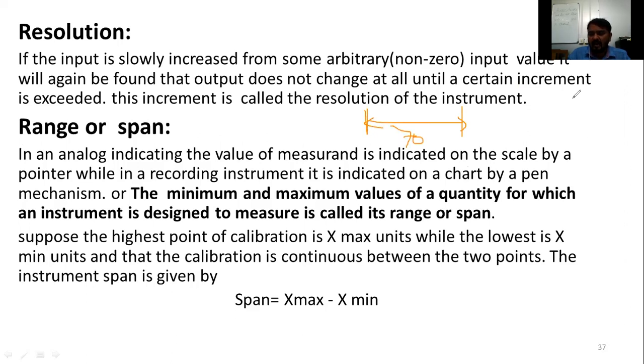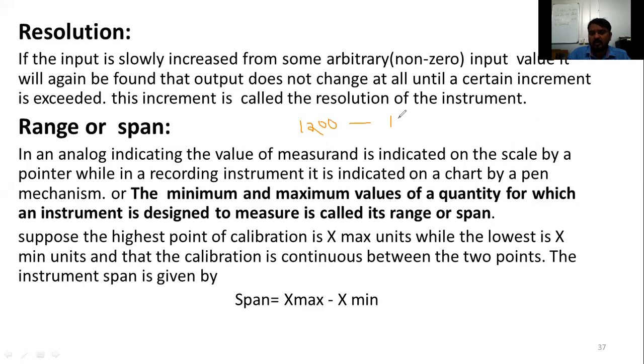And the maximum value and minimum value, we are going to count that. Yesterday I told you, suppose you started the journey from Pandharpur to Solapur, your vehicle meter is reading 1200 already.